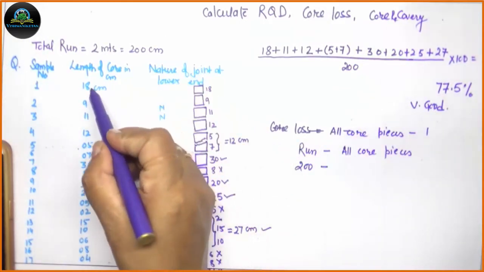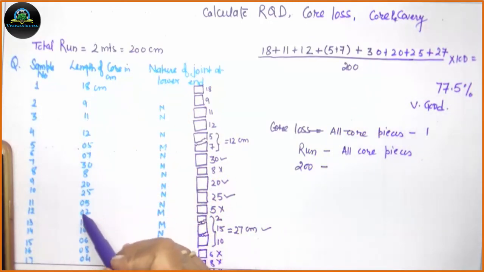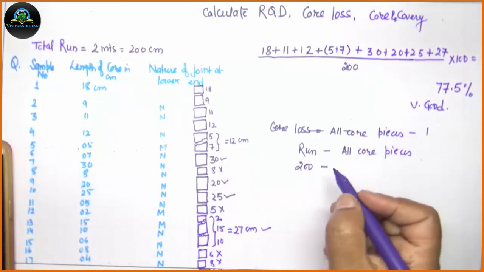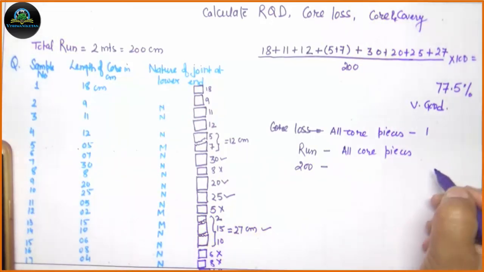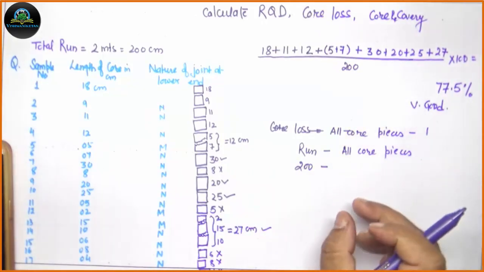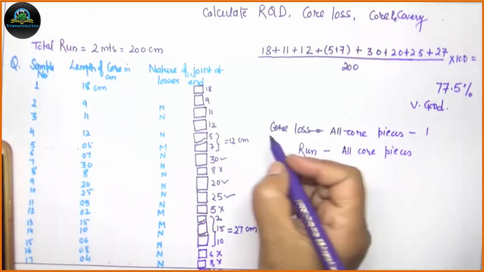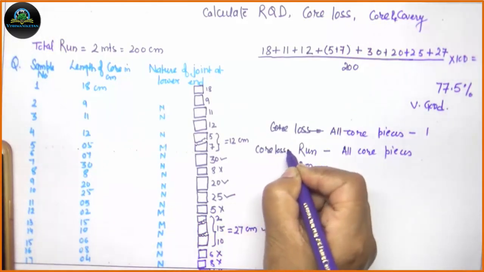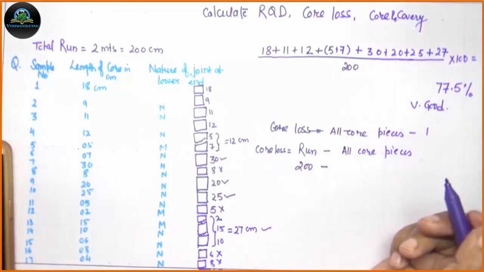So all these values, 18, 9, 11, 12, 5, 7, 30, 25, 5, 2, will be considerable, and we may get a value which can be around 30%. If we have a loose sedimentary rock, then definitely the value of core loss will be more compared to the igneous rock, which is very compact and hard.